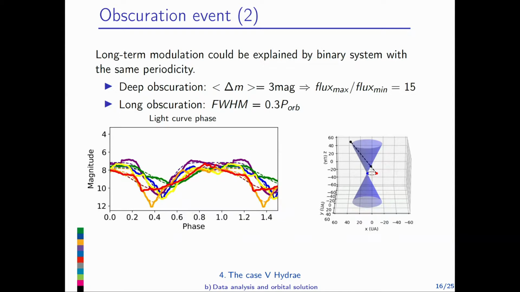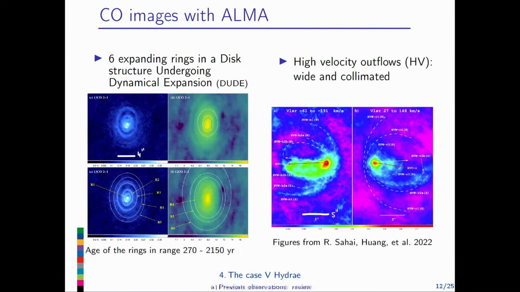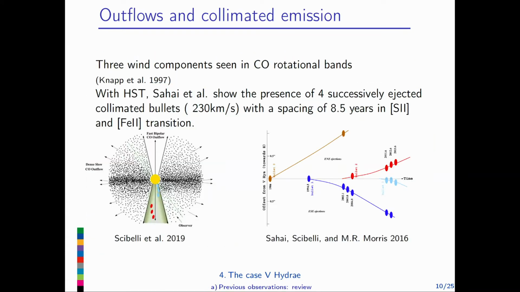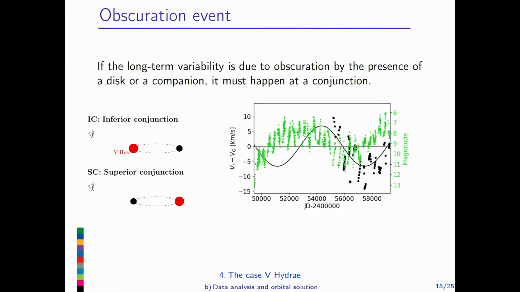Okay, thanks. And the second question relates to the bullets that were found with HST. If you try to plot them in phase, do they happen at either inferior or superior conjunction, or when exactly do they happen? Yeah, if we plot the bullets in phase, one bullet lies around this phase and one around this phase.